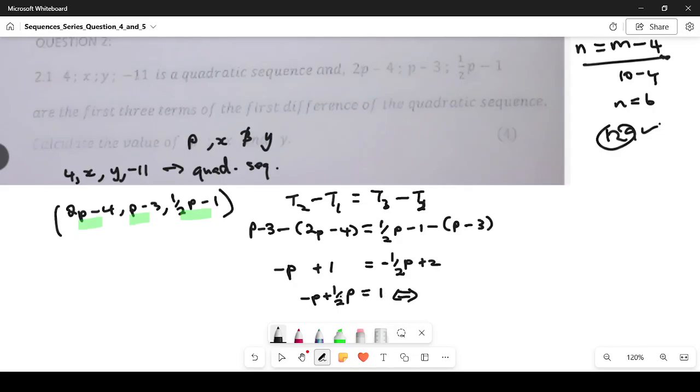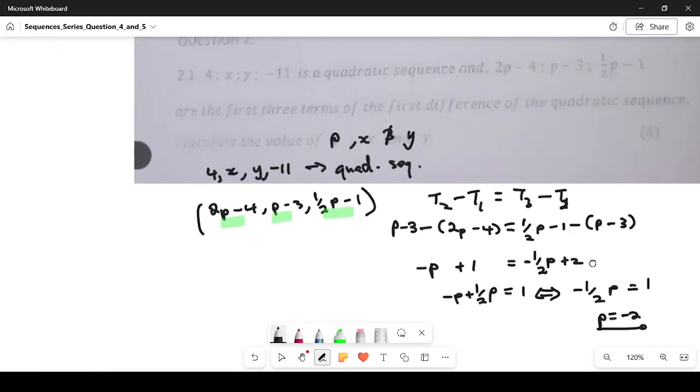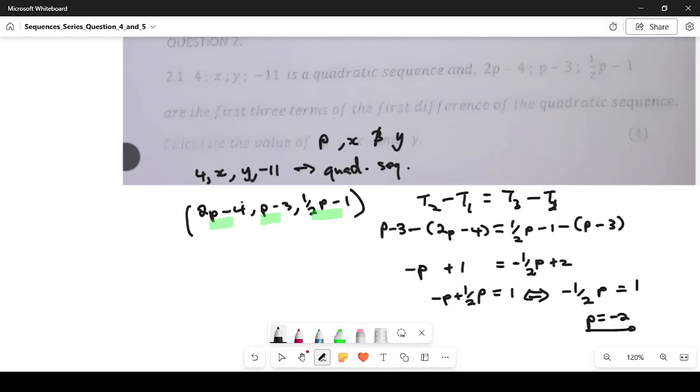And that means here we'll have negative half p minus half p is equal to 1, and then we can multiply everything by negative 2. Therefore our value of p is equal to negative 2. So now we've solved for p. We know that p is minus 2, so that means we can rewrite these number patterns.